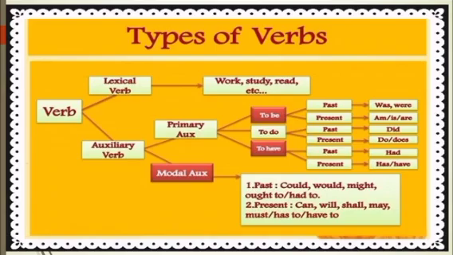In present form, we have has or have. Next, modal auxiliaries. In past form, we have could, would, might, ought to, had to. In present form, can, will, shall, may, must, has to, have to.